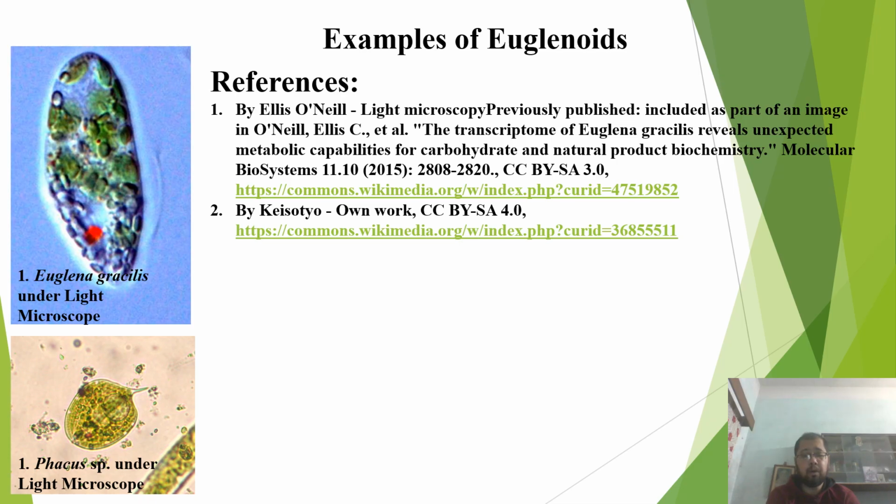Here are two examples of euglenoids. First, we have Euglena gracilis under the light microscope. Euglena gracilis is very important as a model organism. And here we have another example of a euglenoid known as Phacus.